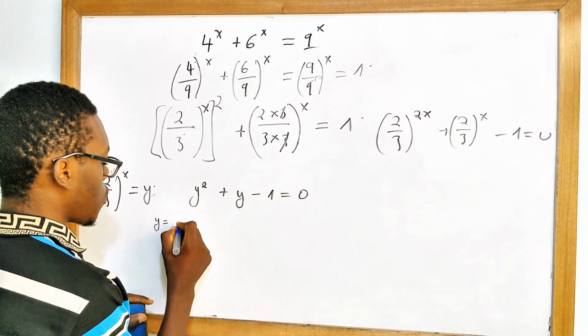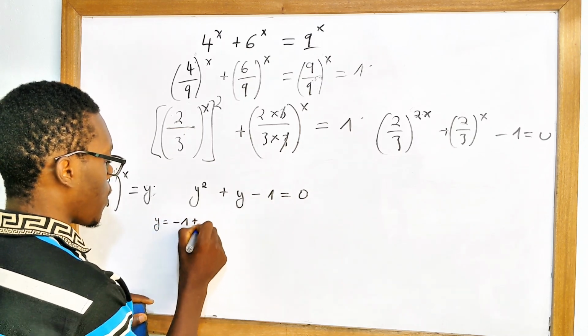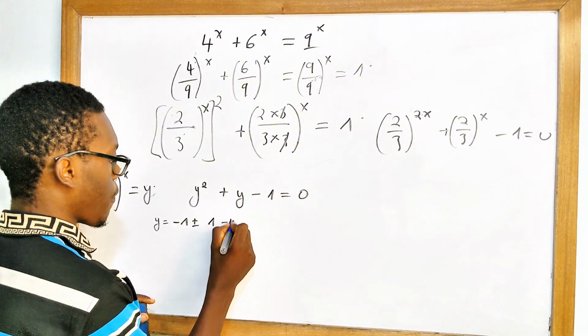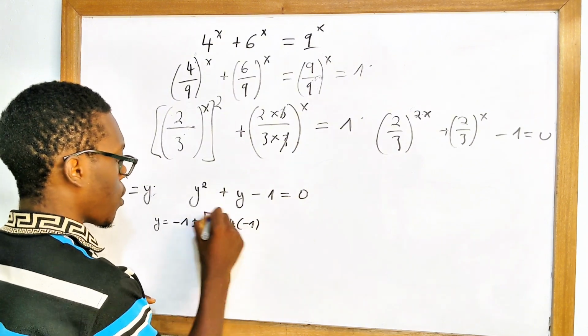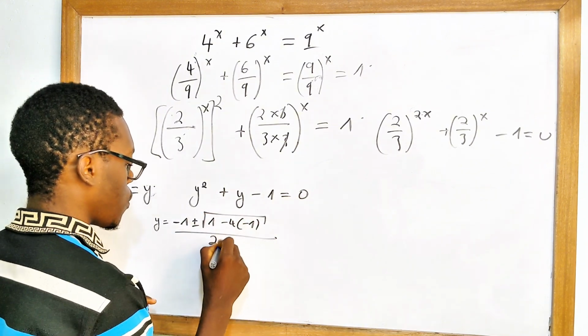y equals negative b, negative 1, plus or minus the square root of b squared, 1, minus 4 times minus 1, all over 2.